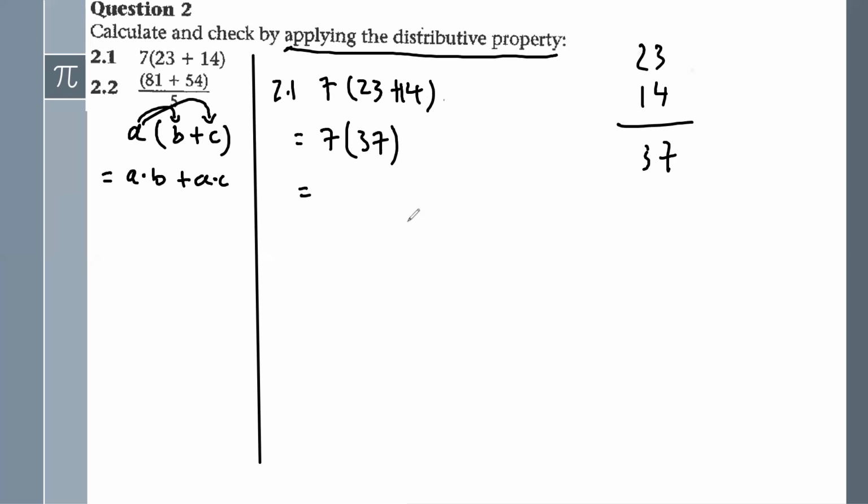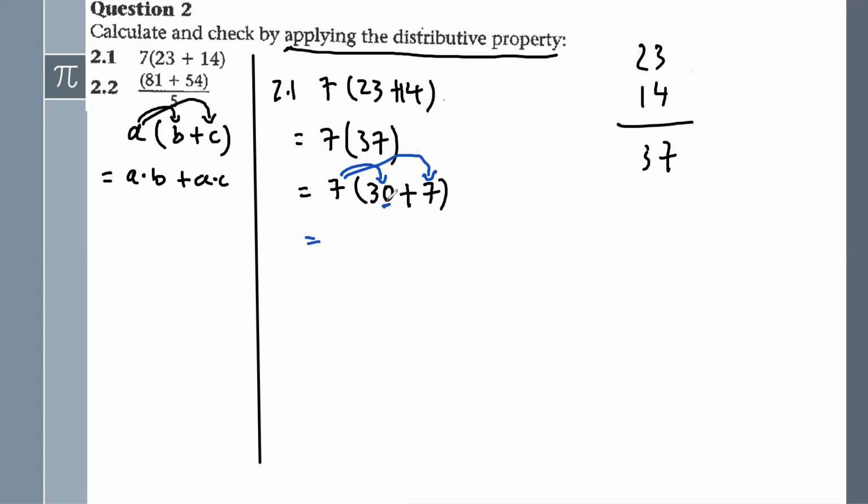But it's probably still quite hard to multiply 37 by 7, right? So you want to break down 37 as a sum of 30 and the number 7. Now, this is where the distributive property comes in. I'm going to multiply this 7 by the 30, and I'm going to multiply it by the 7 again. We should know multiples of 10, how they work out with any number. So when you multiply 7 by 30, you can just ignore the 0.